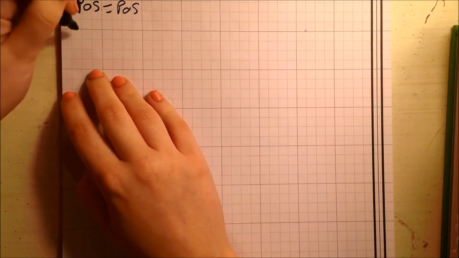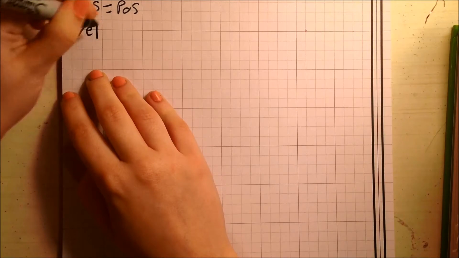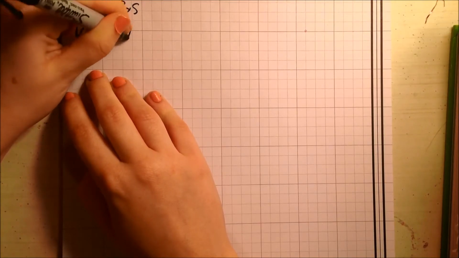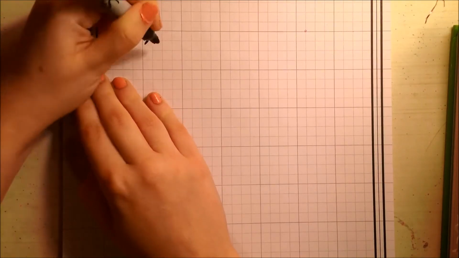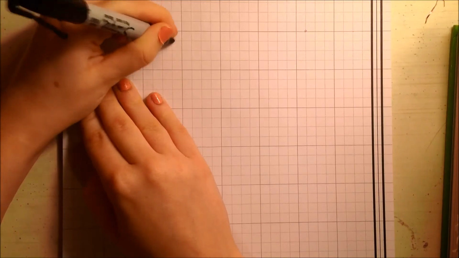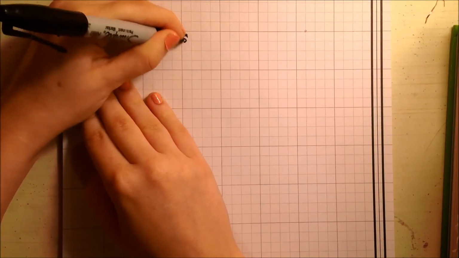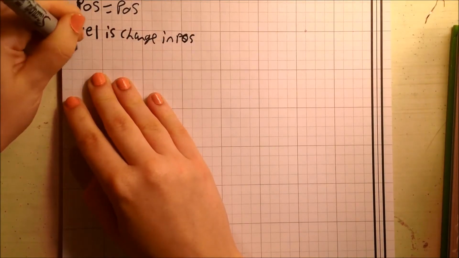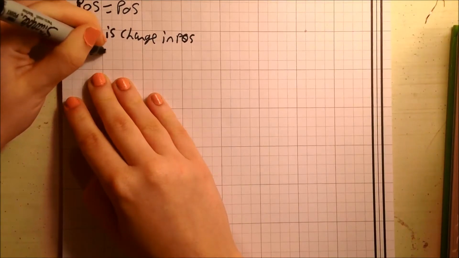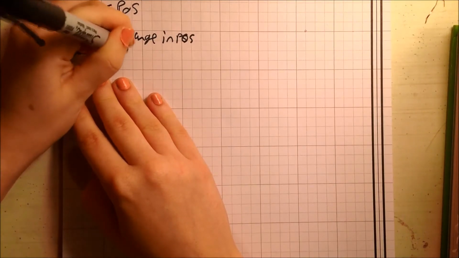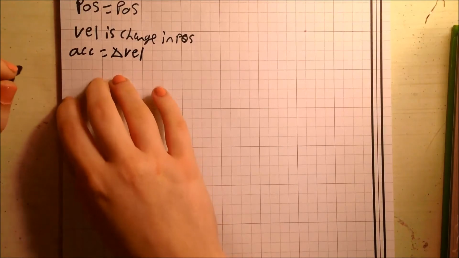We'll start with that as our base. We'll say that velocity is change in position and acceleration is change in velocity.